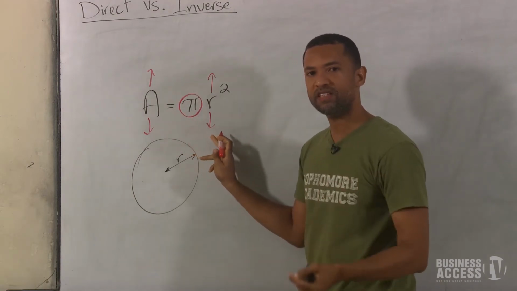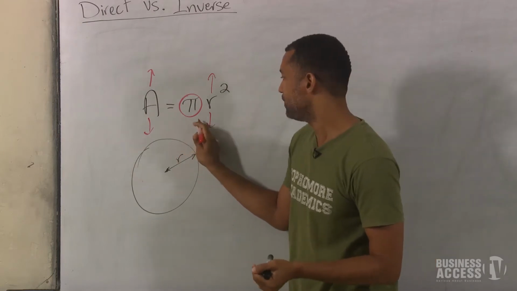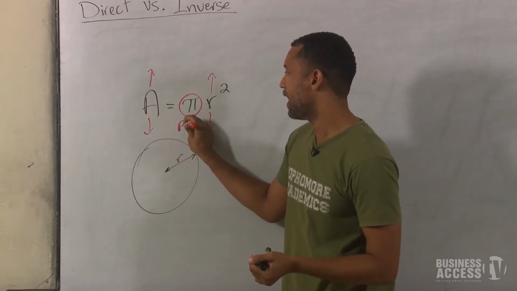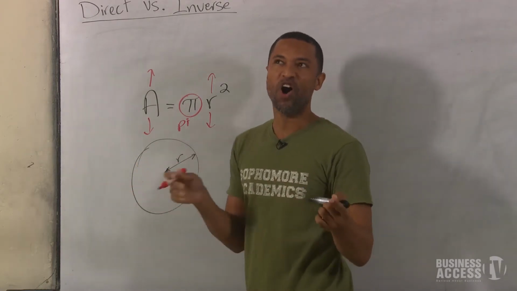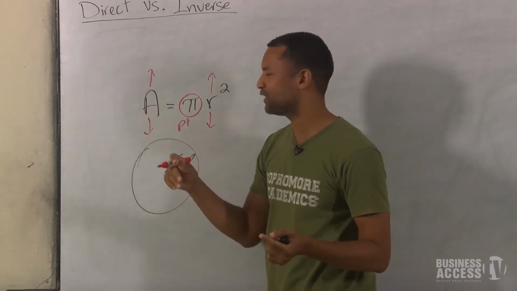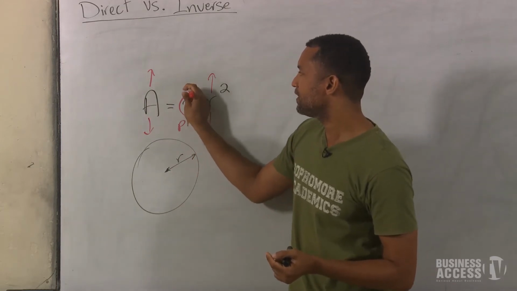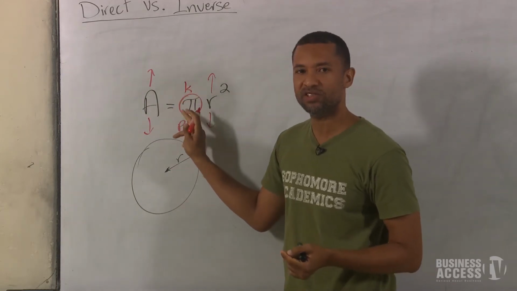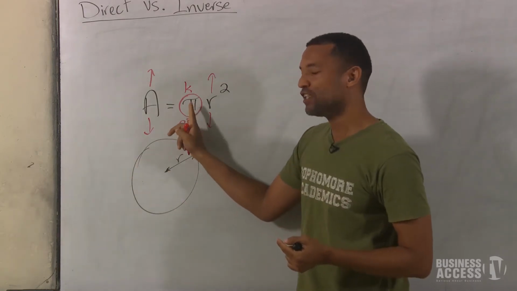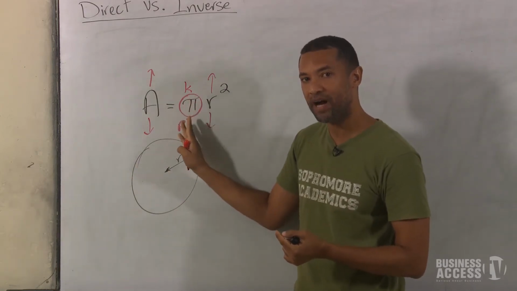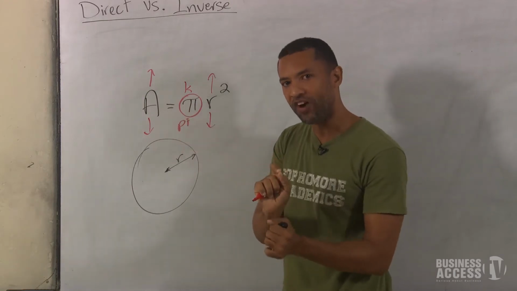We all know that this constant is called pi, and we know that the value is 22/7 or 3.142 something. So this is a constant. Let's use the letter K. We know that constant is spelled with a C, but let's use the letter K. So we have a constant called pi, which has a specific value.